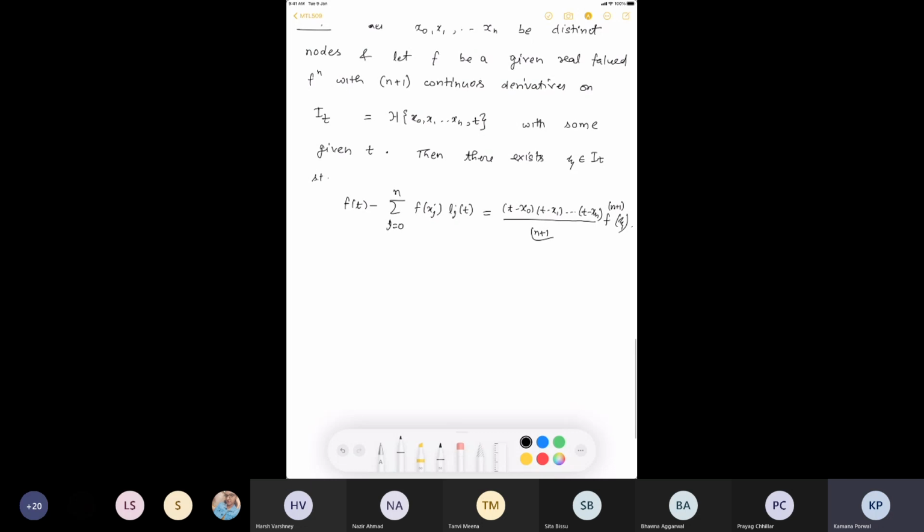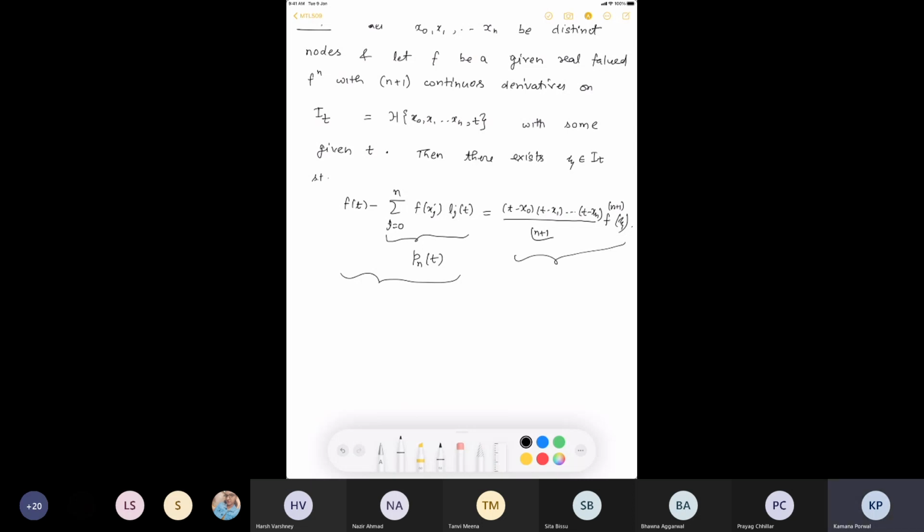If you observe, this summation is nothing but the interpolating polynomial, let's call it Pn, at the point t. So basically this is your interpolation error: f(t) is the exact value of the function and Pn(t) is the value we get using the interpolating polynomial. This theorem says that the interpolation error at the point t is given by this expression.